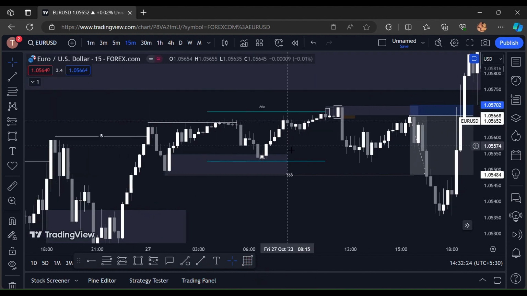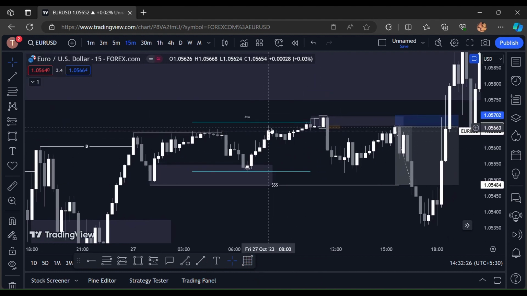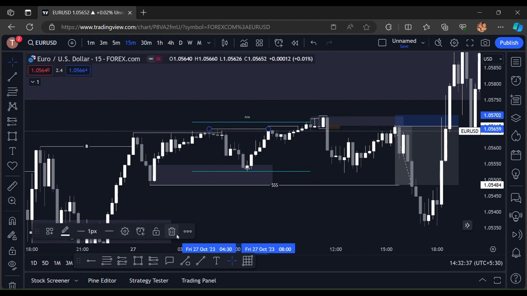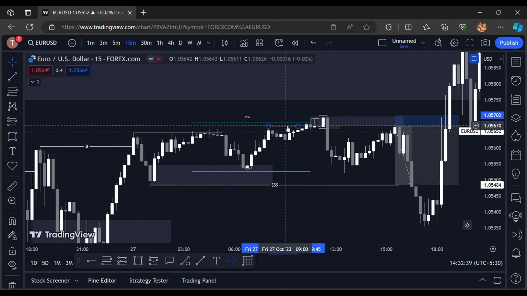But what the market was showing was that it was reluctant to go higher for a longer time. Just look at it over here, and these areas too. So it built a narrative in my mind that the market is going to go below now.